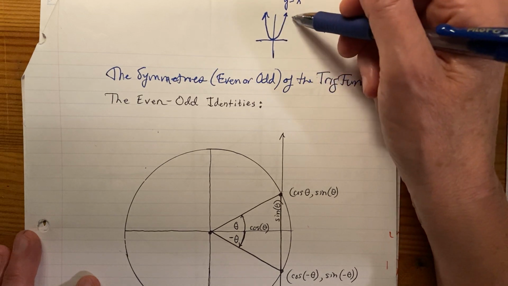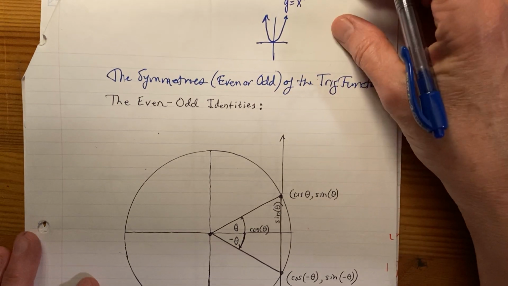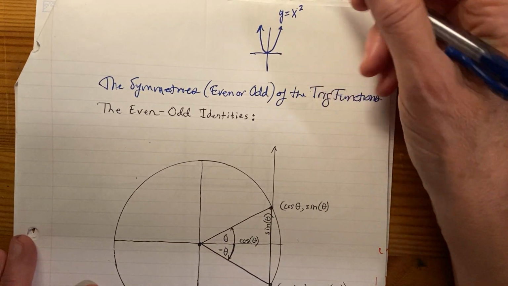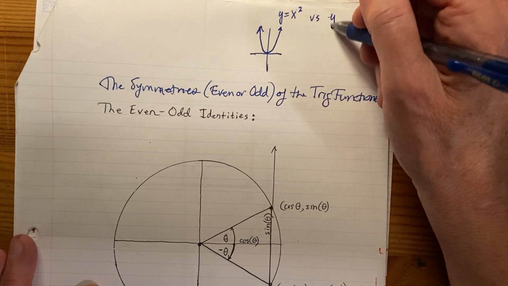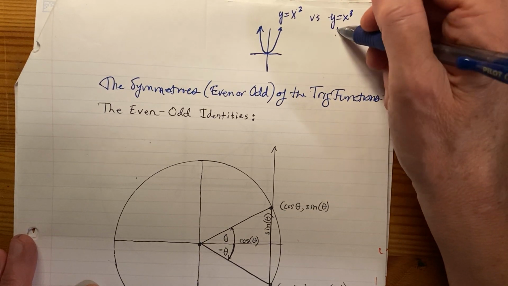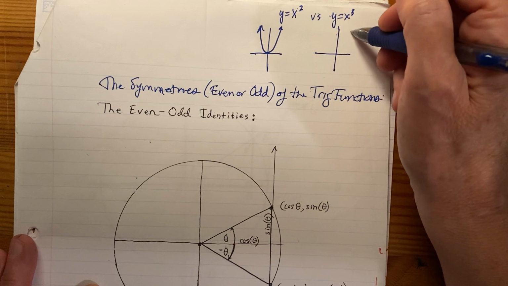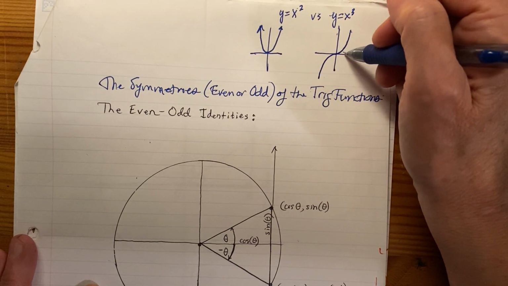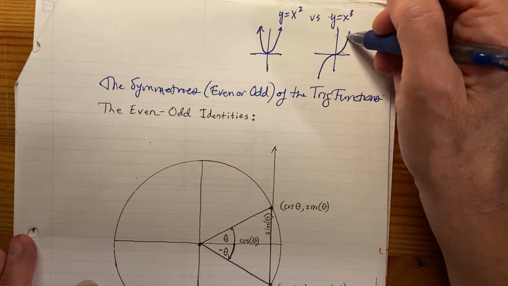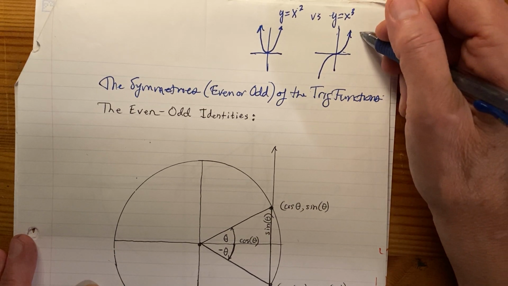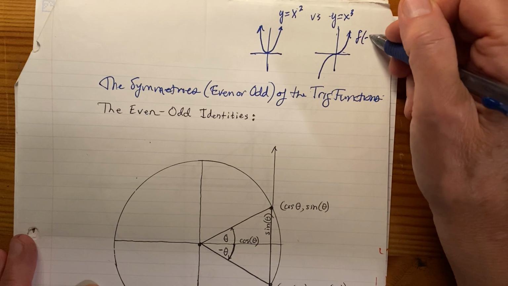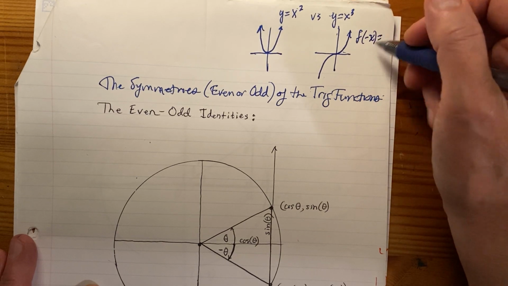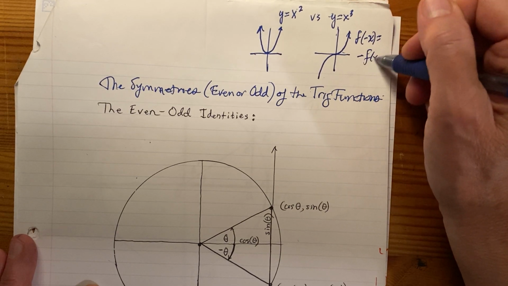Notice how that's symmetric about the y-axis versus y equal to x cubed was said to be symmetric about the origin, okay? Because if you took f of the opposite of x, that was equal to the opposite of f of x.